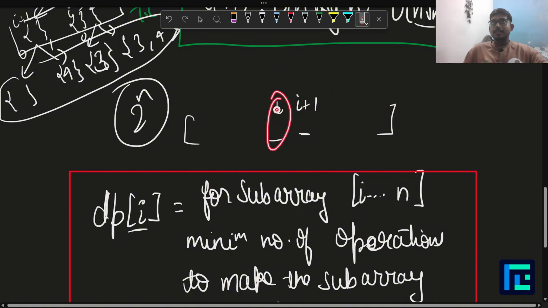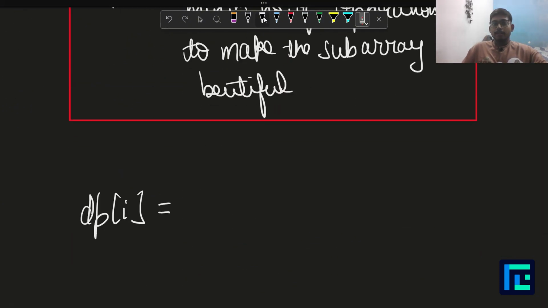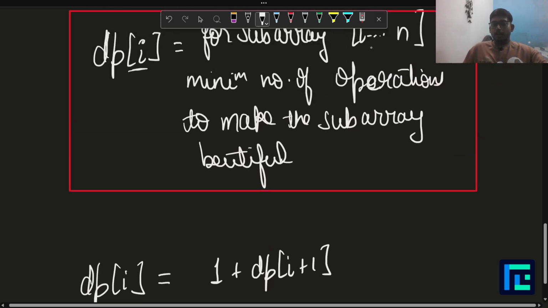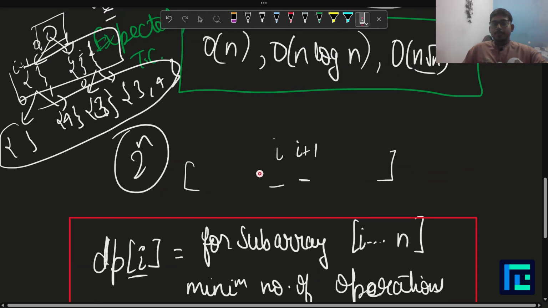By removing this, it takes one operation. So I can write this as one operation for removal, and then DP of i plus 1. That is one way if I am removing it. If I am removing the ith element, the minimum number of operations to make the rest beautiful, plus 1, would be the minimum number of operations by removing it.